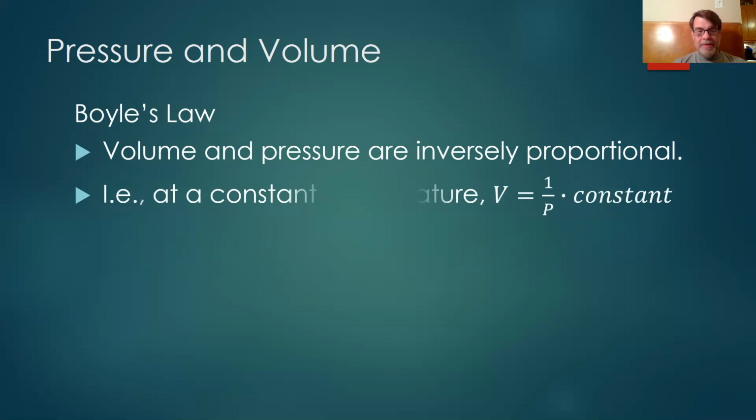Or you might say that at a constant temperature, so if we keep the temperature constant, the volume is equal to 1 over the pressure times some constant. This is the thing in equations, that when something is directly proportional, then all you need to do is add a constant of some kind to one or the other side, and it becomes an equation.